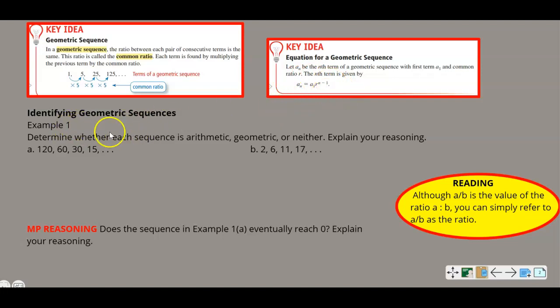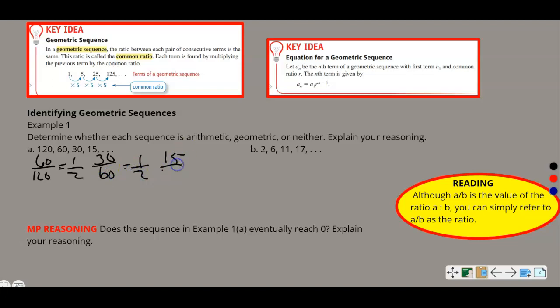All right, the first thing is you need to be able to identify a geometric sequence. You have to see, can you multiply something by a common ratio to get to the next term? An easy way to do that is look at each term and divide it by the previous term. 60 divided by 120 is 1/2. 30 divided by 60 equals 1/2.